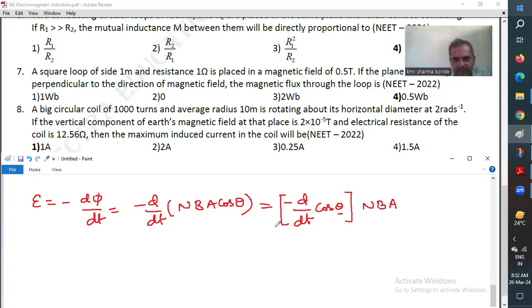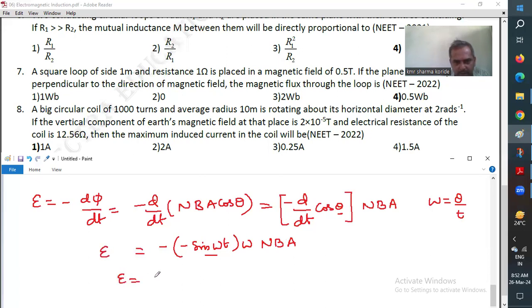So cos differentiation gives a minus sign. Remember, omega is theta by t, so theta is omega t and there will be an omega with NBA. When the maximum EMF is produced, the sine will be maximum.